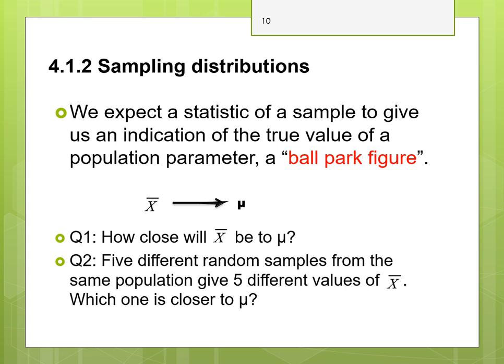If we want to answer the question, we need to know the distribution of X bars. So the distribution of X bars, or we can say the distribution of statistics, that is the sampling distribution.